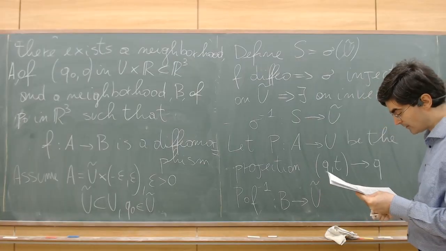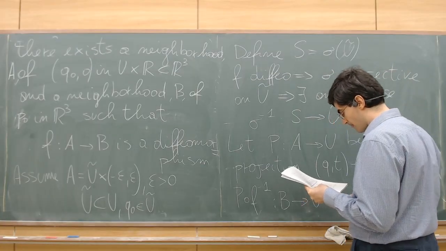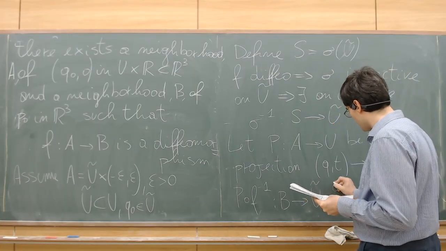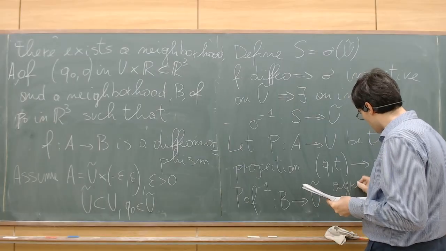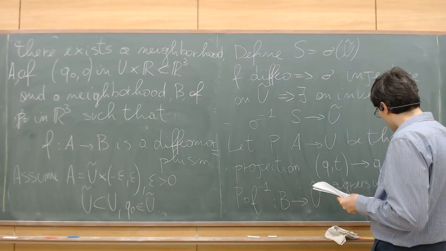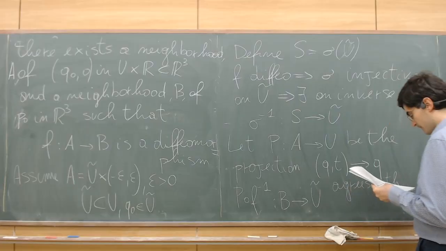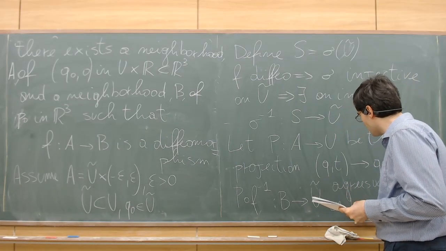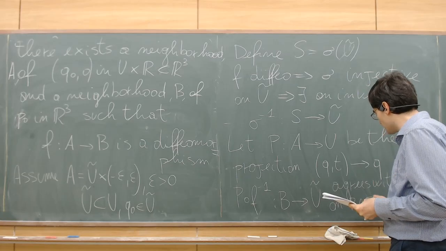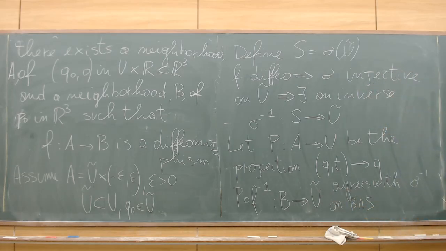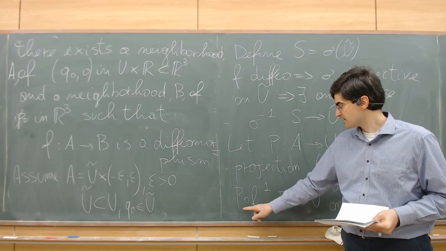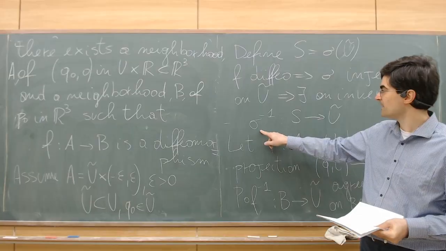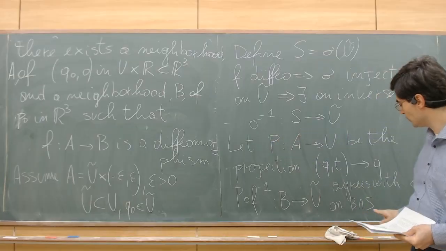This function agrees with sigma inverse on B intersection S. I need to work with B intersection S because this is a function defined on B and sigma inverse is defined on S, so I have to work on the intersection.